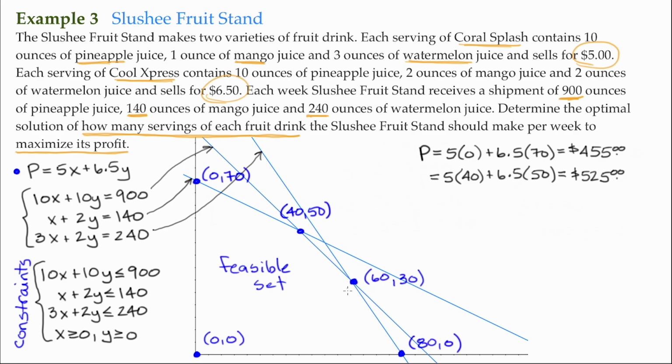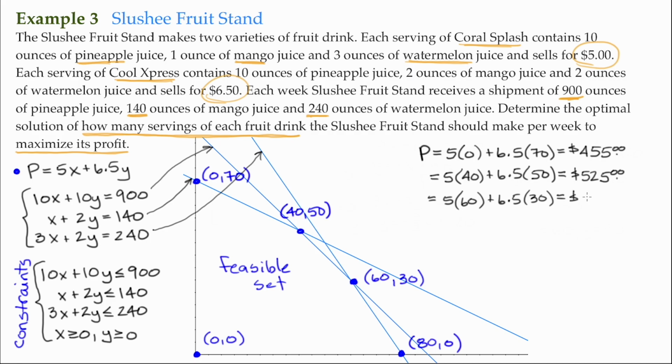We'll try this coordinate down here. 5 times 60 plus 6.5 times 30. 5 times 60 is 300. 6.5 times 30 is 195.